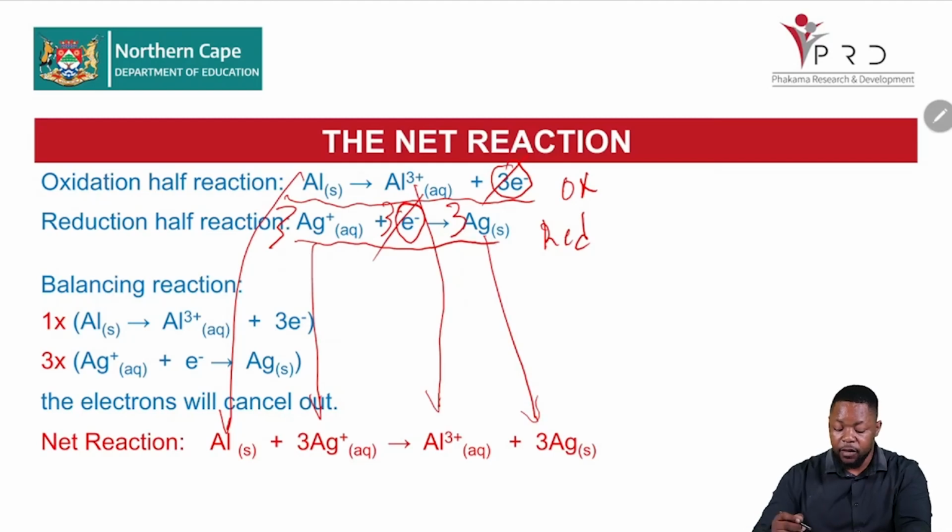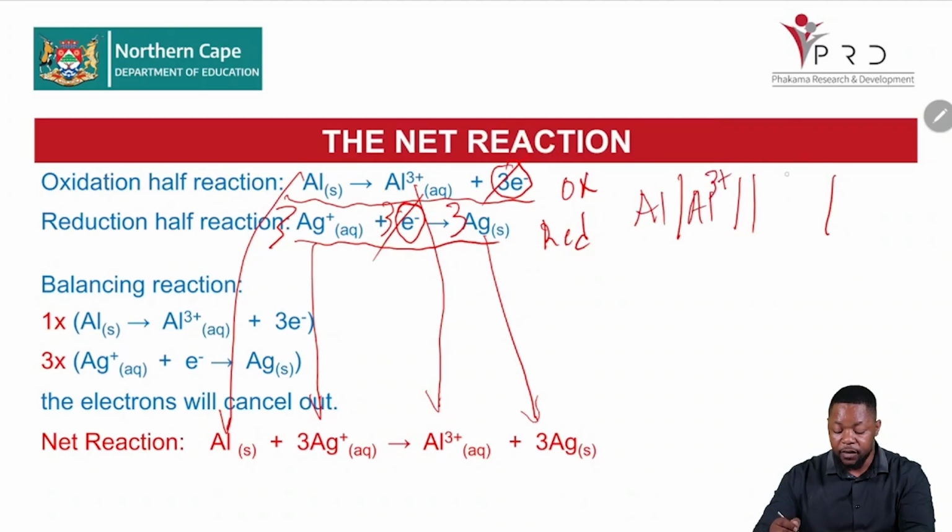Remember, we always need to practice how to write the cell notation. We have a salt bridge, phase change. We always start with the substance that undergoes oxidation. In this case, the aluminium is undergoing oxidation. So that will be Al, and then it will change to Al3+.